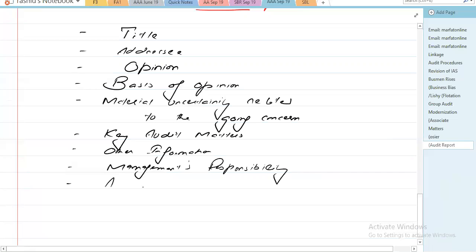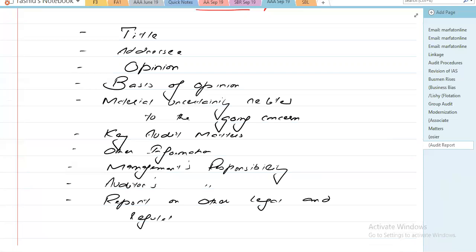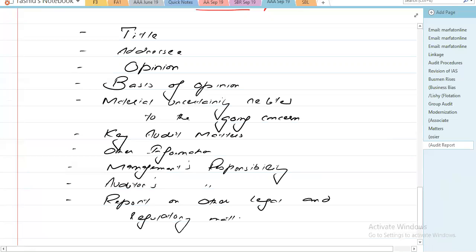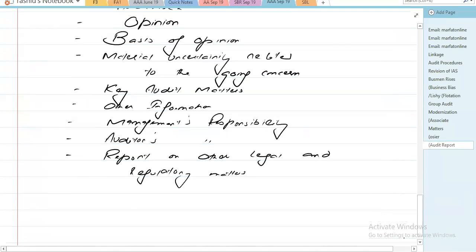And then auditor's responsibility, report on other legal and regulatory matters, and then after that it will obviously be date, name, and signature, things like that.